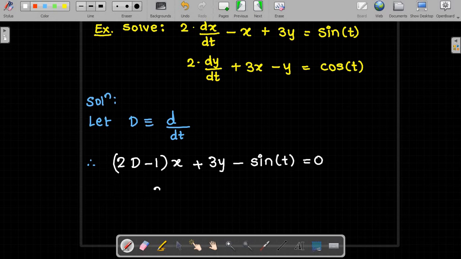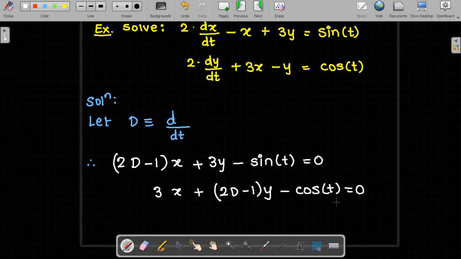Similarly, 3 times x plus 2D minus 1 times y minus cos t equal to 0. So these are two equations.